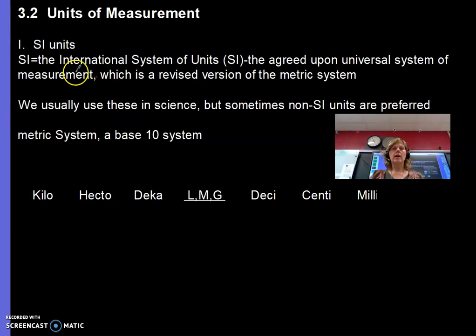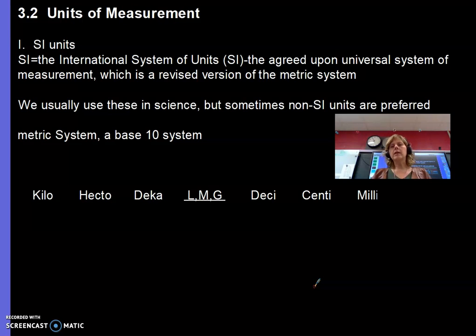The reason it's SI is because it's French for something like Le Système d'International, and so we abbreviate it SI. But these are the standard units that are agreed upon, this universal system of measurement, which is really just a revised version of the metric system.